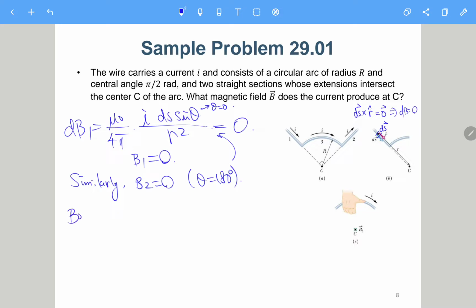And then for B3 we can use mu 0 I phi over 4 pi r, as we showed in the previous slide. So here mu 0 I times phi, which is pi over 2, over 4 pi r.